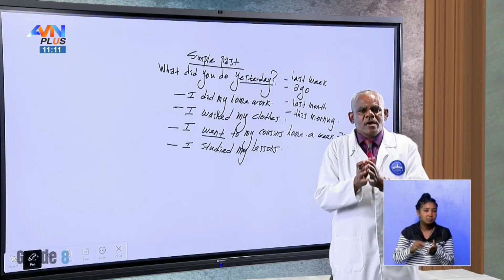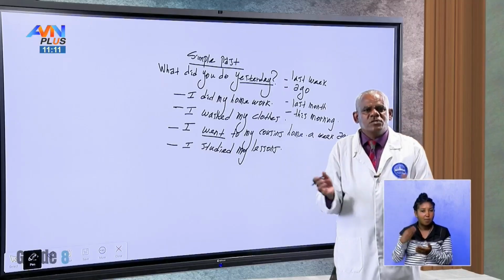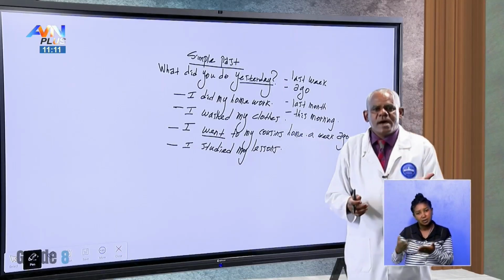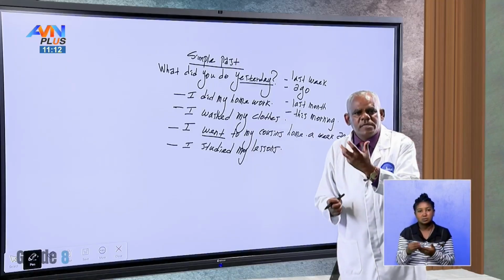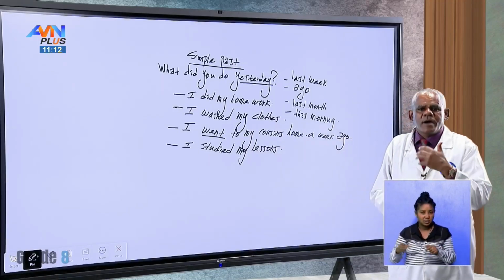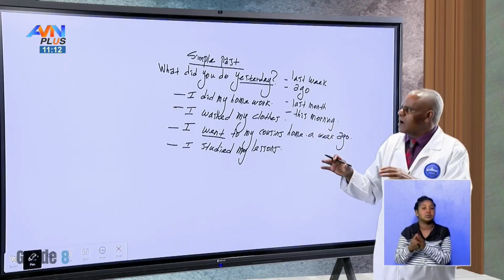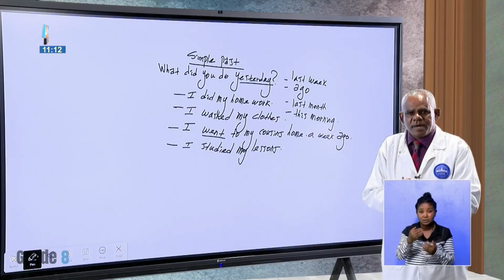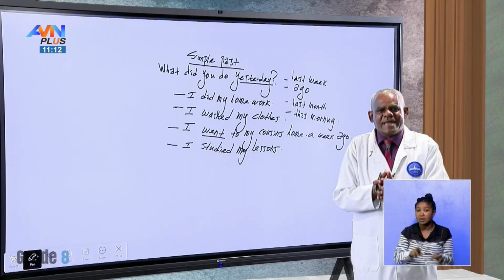And also, I bought something from the shop, went to the supermarket, I got something from my niece's house, from my uncle's house, etc. All these are possible.